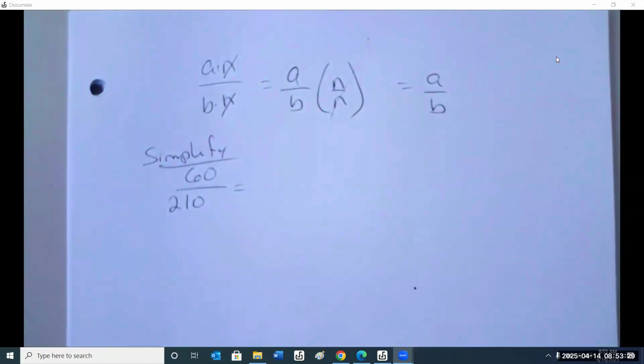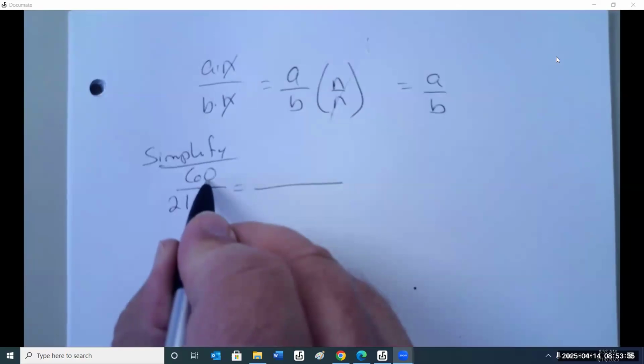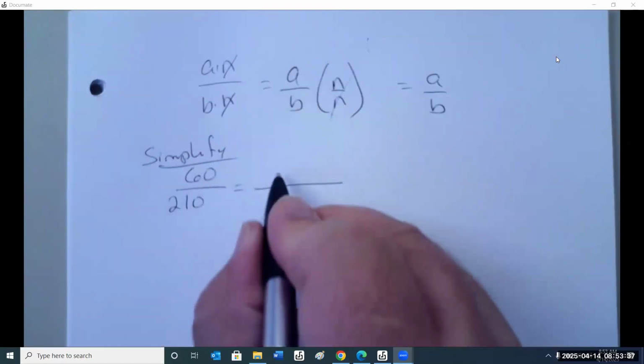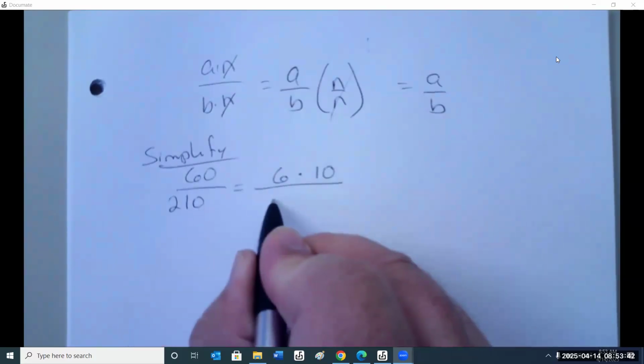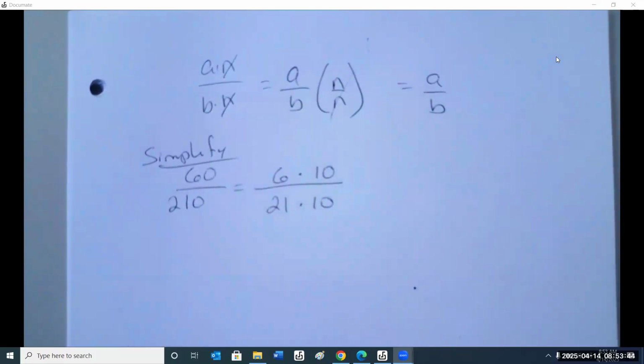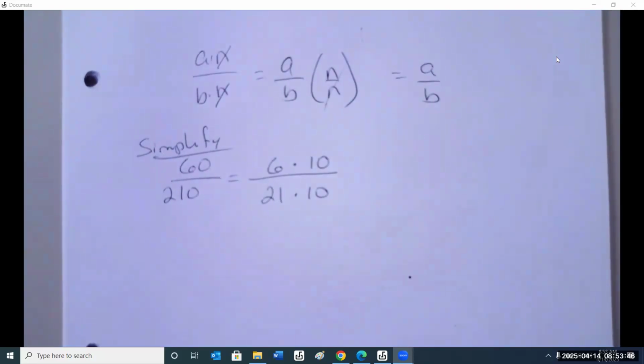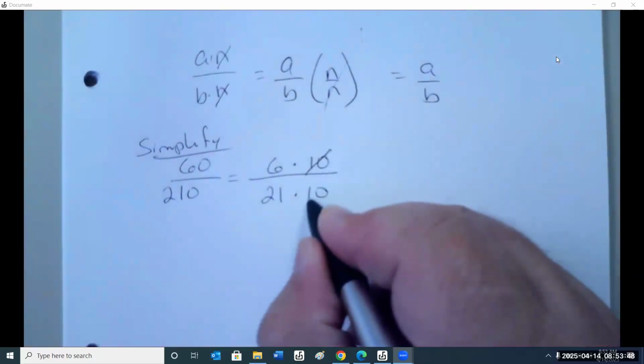For example, simplify this example. 60 over 210. Since it ends in a 0, what do we know about the number? It's multiplied by a 10. So this one ends in a 0, so it's 21 times 10. Do they have anything in common? Yes. The 10s, they can cancel.